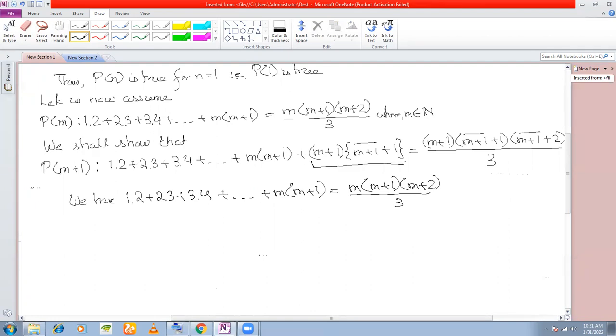This is the only extra term that is missing, right? If we add it to the left hand side, the left hand side will match, right? Only the right hand side we have to match. So, adding m plus 1 into m plus 1 plus 1, okay, only this, nothing divided, to both sides.